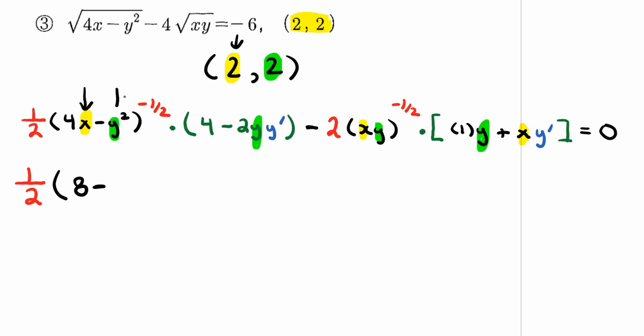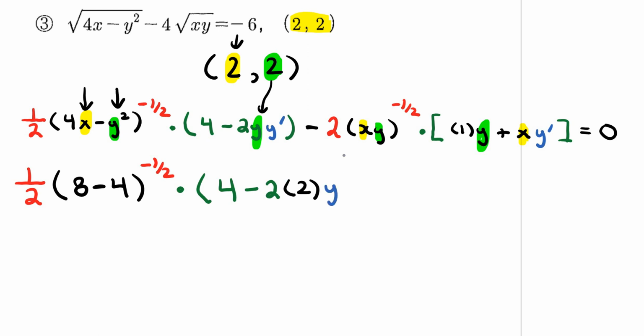Minus, and then what's y squared? Well, y is 2, and 2 squared is 4, and that's being raised to the power of negative 1/2. And then 4 minus, and then 2 times, well, the value of y is going to be 2, so 2 times 2, and then times y prime. Close the bracket, and then I have a minus 2 here, and then inside the brackets here, it's really x times y, so 2 times 2 is going to be 4, right?